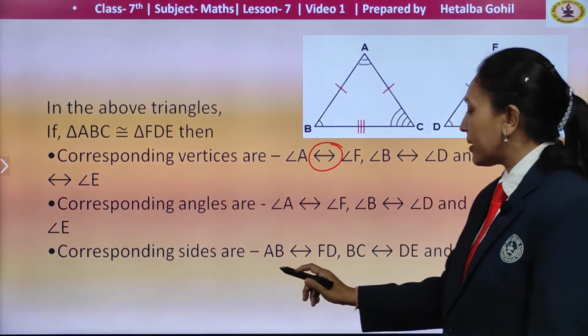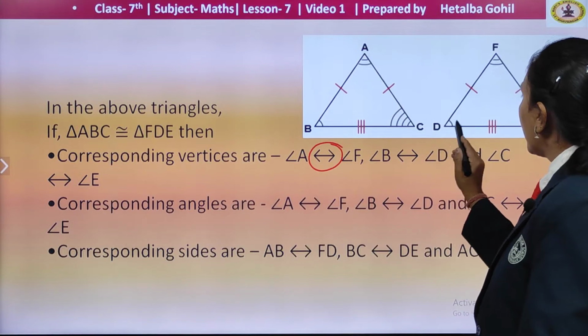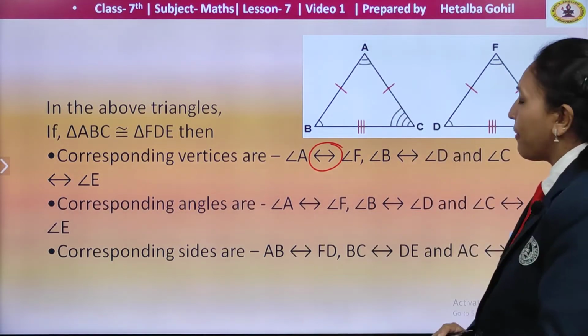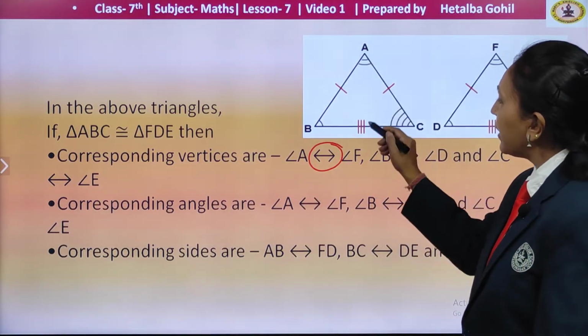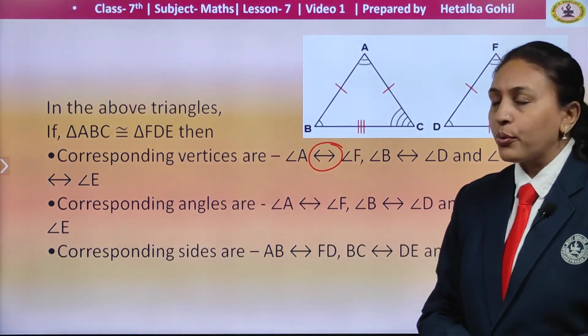Similarly, the corresponding sides, that is AB corresponding to FD, BC corresponding to DE and AC corresponding to FE. Children, you can see the different marks. From there also you can identify the corresponding congruent sides here.